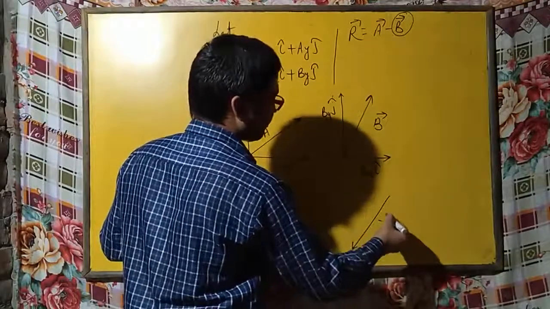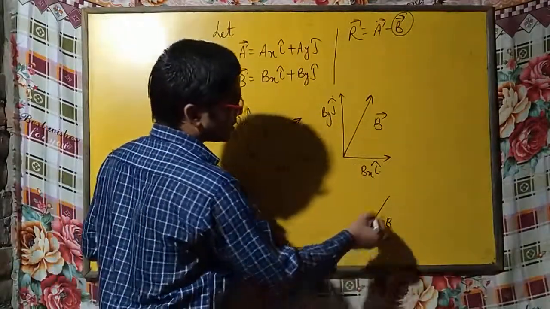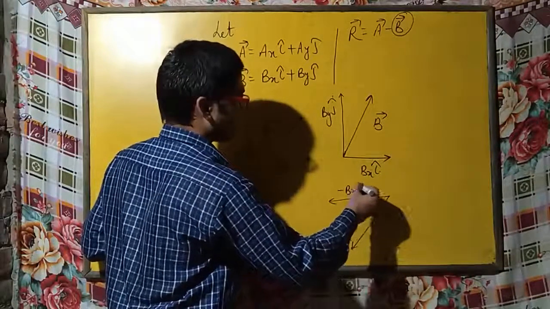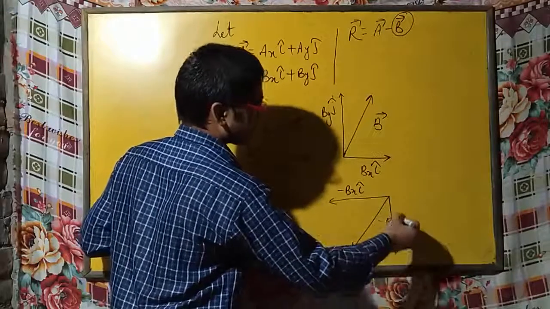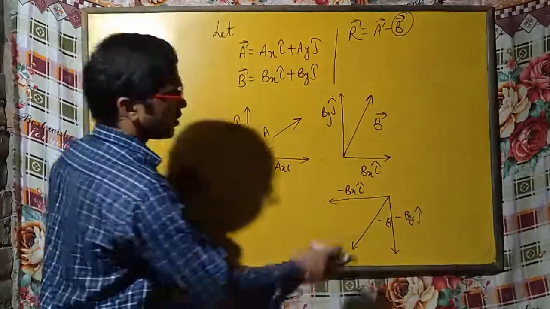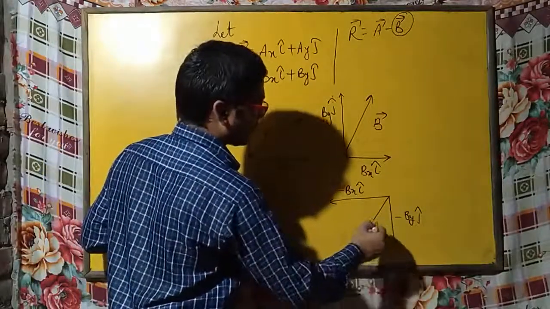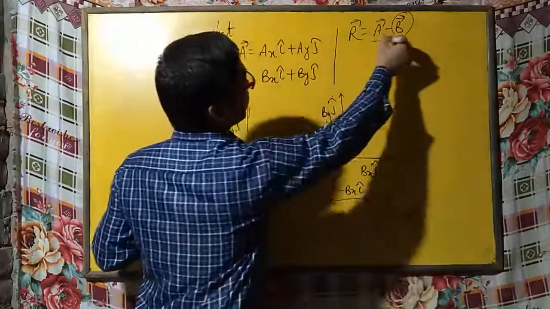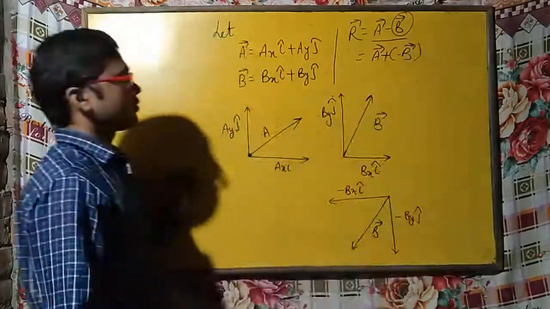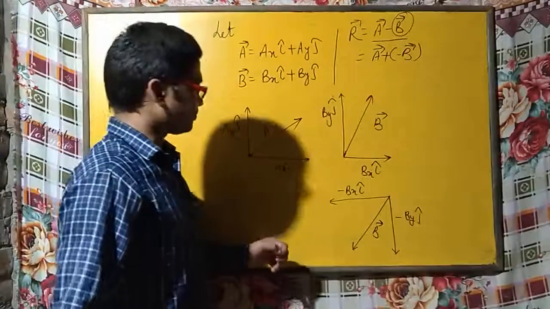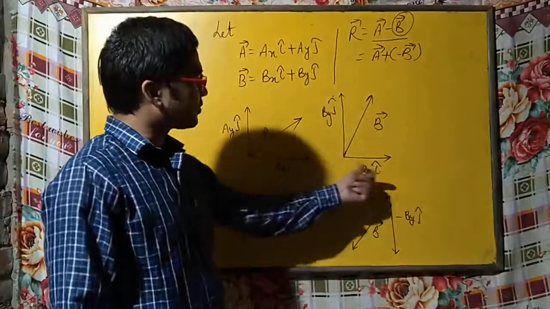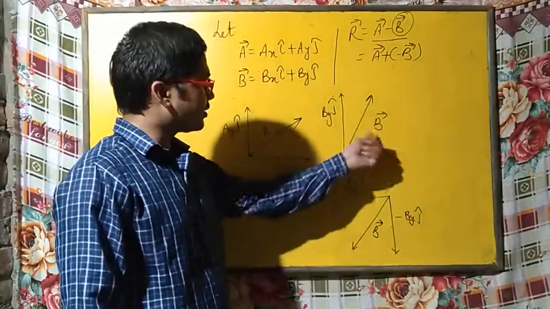This one is minus B. Now the components are minus BXI along this direction and minus BYJ here. Because to find A minus B, you need A plus minus B vector. So this BY becomes minus BYJ, this BX becomes minus BXI, and this B becomes minus B.